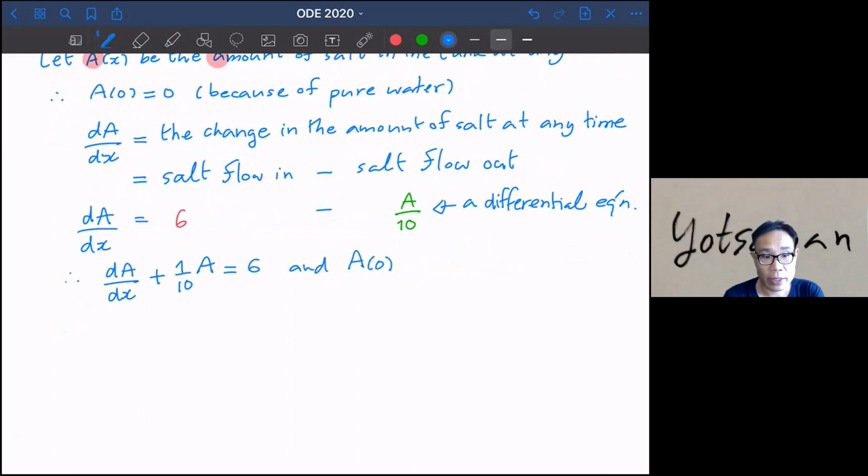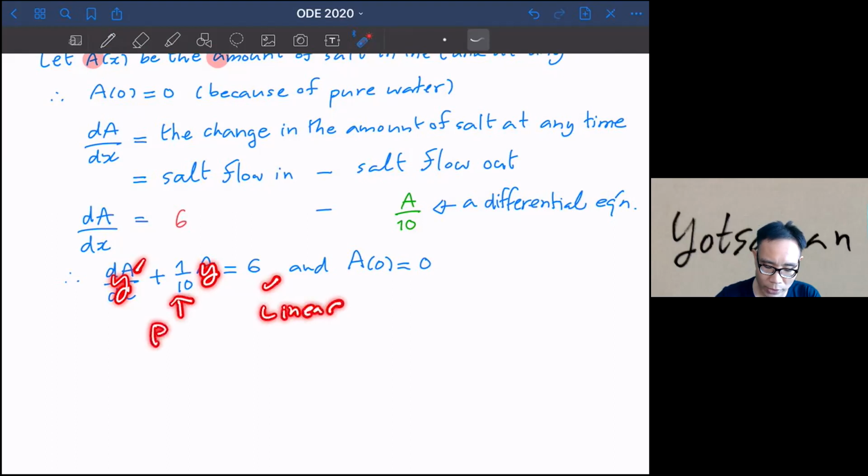Please take a look: this is just y prime plus (1/10)y equal to 6. A differential equation of this form turns out to be linear, and this will be your p(x) and this will be your q(x) respectively.